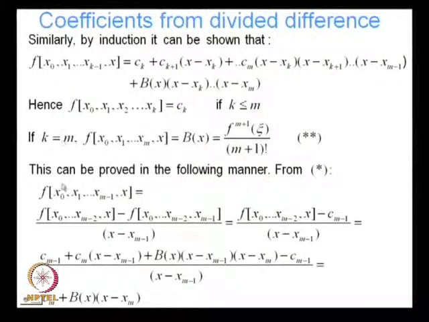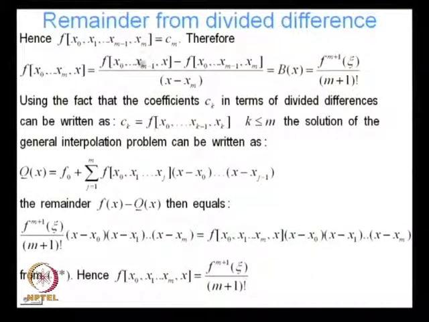If you go back and take a look, this is what we wanted to evaluate. That is equal to f x0, ..., xm minus 1, x by definition. This is how we have defined our divided difference operator: f x0, ..., xm minus 1, x minus f x0, ..., xm minus 1, xm, divided by x minus xm.